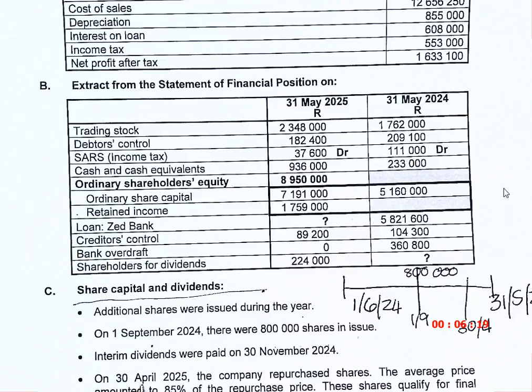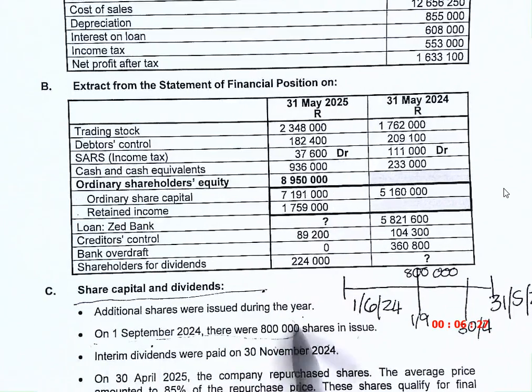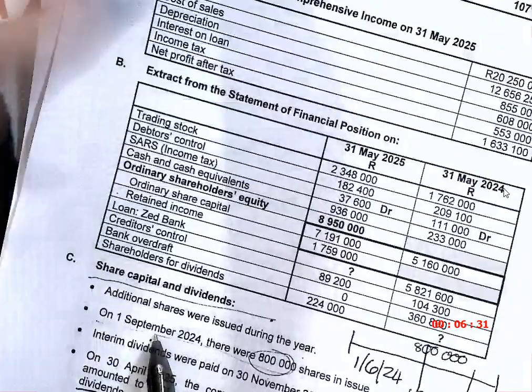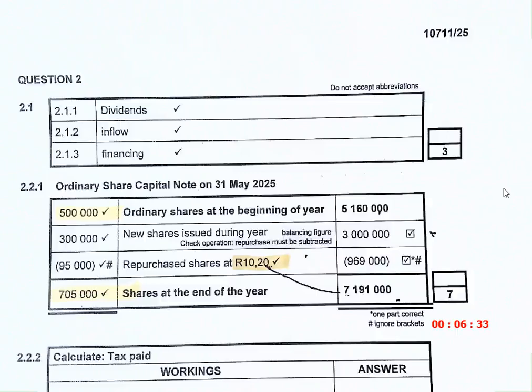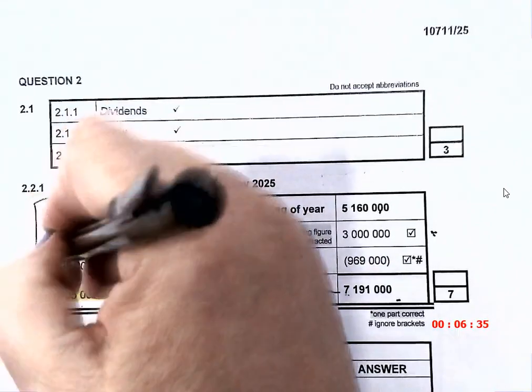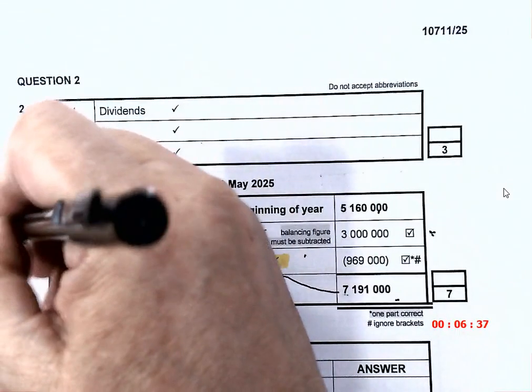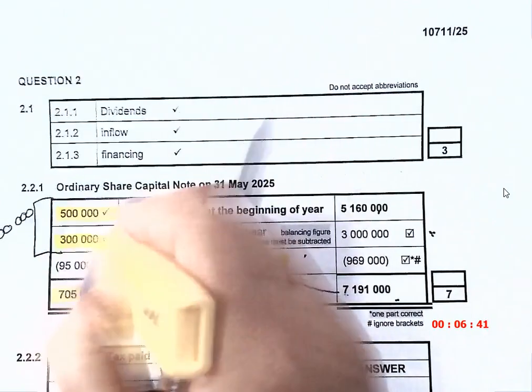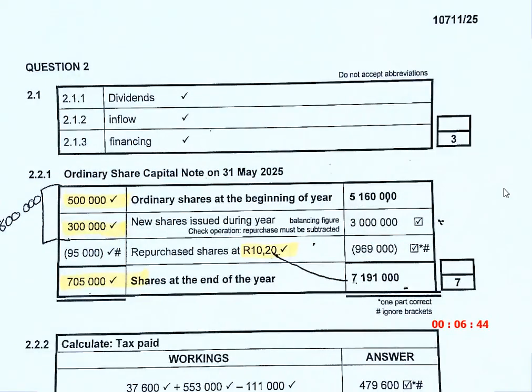The repurchase happened 30 April. So do you agree with me that if they say this amount for me in September, and they say the opening is 500, then those two together must give me 800. So now I can get the 300. You guys see it?